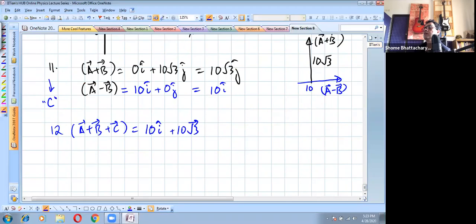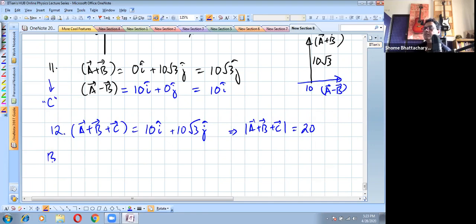So this has a magnitude of 20. You can work it out. Root of x square plus y square, you will get the answer is 20. Right, so 12th is done.